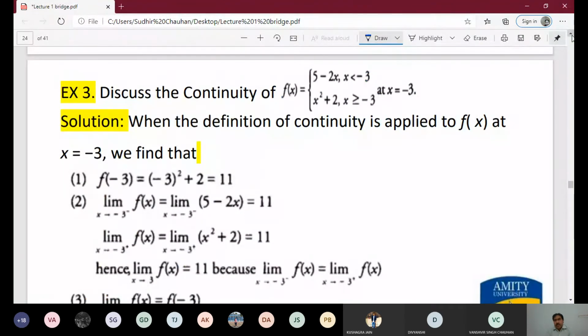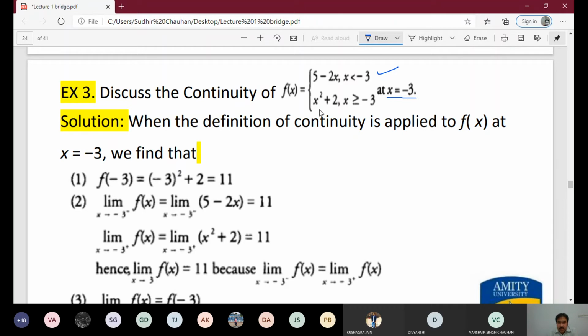Now discuss the continuity of the function f(x) is equal to 5 minus 2x when x is less than minus 3, and it is x square plus 2 when x is greater than or equal to minus 3, and we have to check the continuity at x is equal to minus 3. So when the definition of continuity is applied to f(x) at x is equal to minus 3, we find these observations. f(minus 3): what we have to do is check which function is there at x is equal to minus 3.